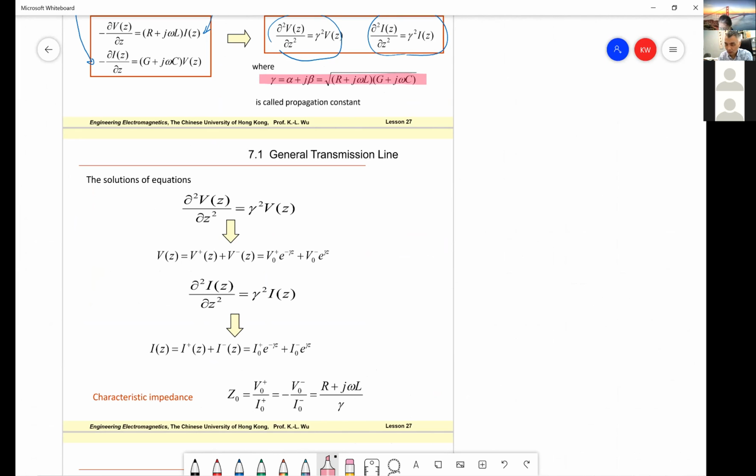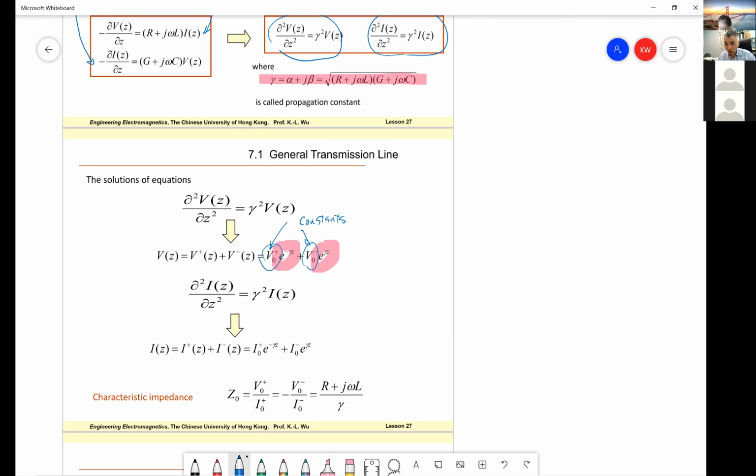One is the exponential term minus gamma z, and one is plus gamma z. These two solution forms are multiplied by arbitrary constants.